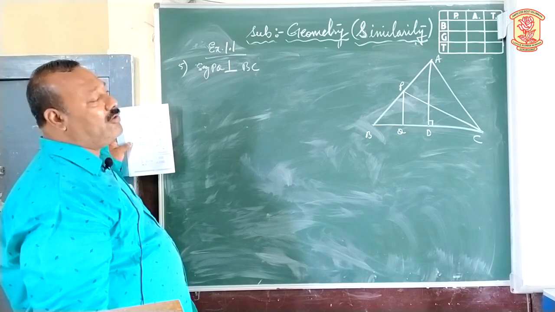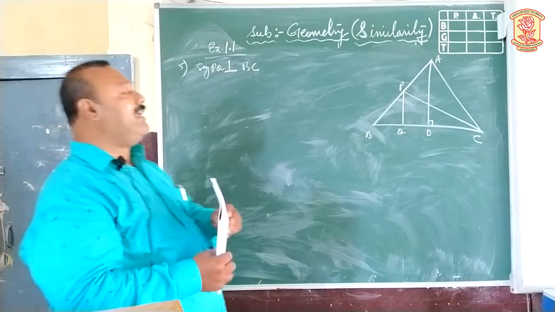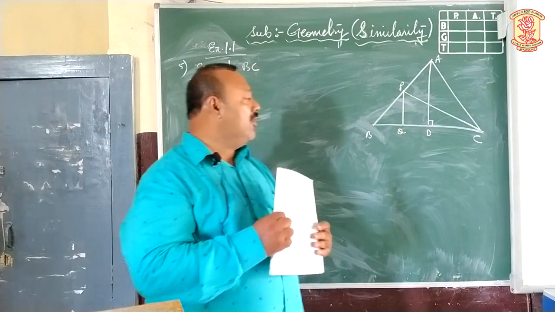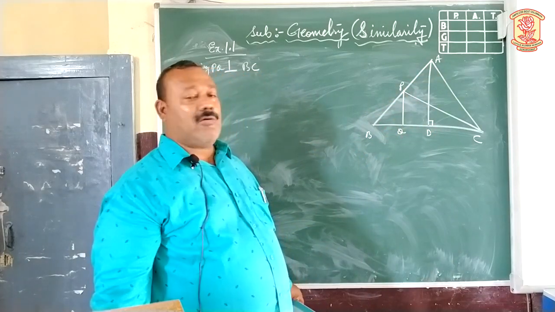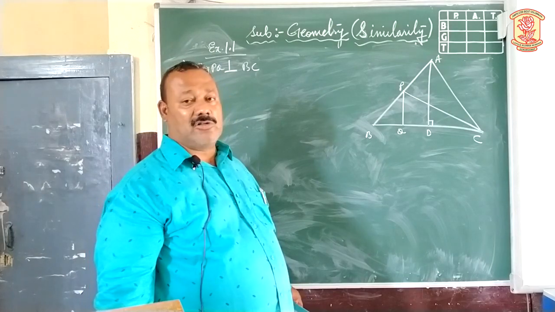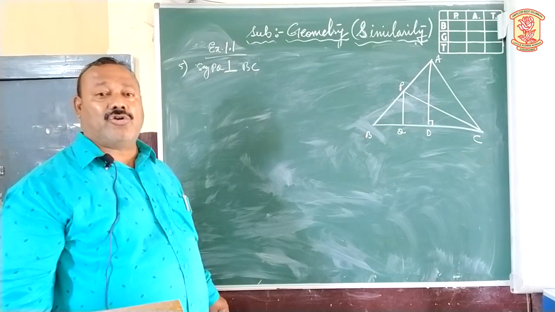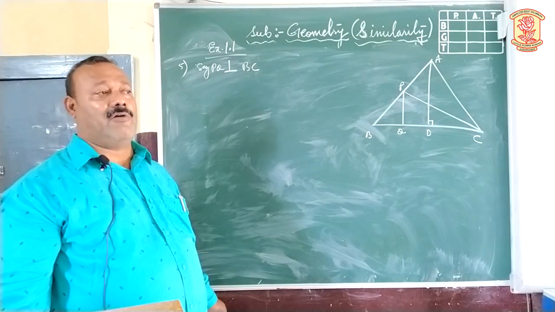Which are the two altitudes? One altitude is AD, the second altitude is PQ. Altitude AD is perpendicular to BC, altitude PQ is also perpendicular to BC. What do they want in this question? Ratios of areas of two triangles.